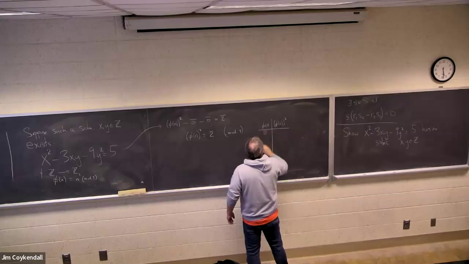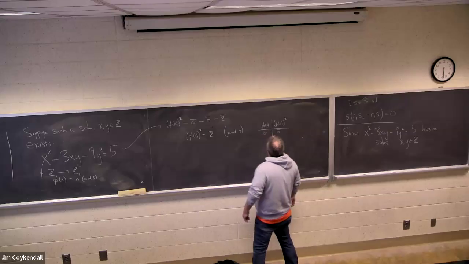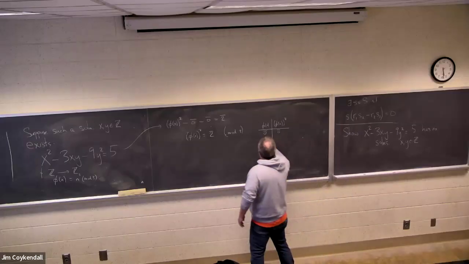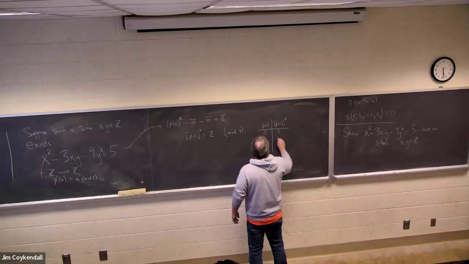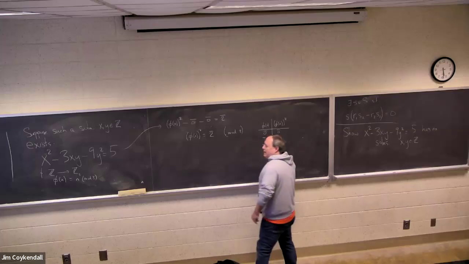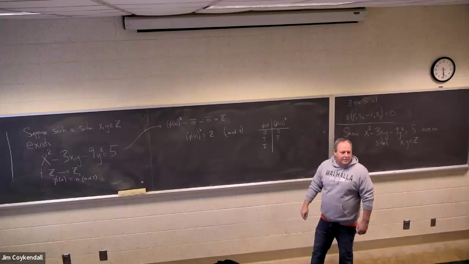Well, if p of x was 0 bar, p of x squared would be 0 bar. The 0 bar squared is 0 bar. P of x is 1 bar, p of x squared is 1 bar. And what is 2 bar squared mod 3? It squares to 4 bar, which is 1 bar.